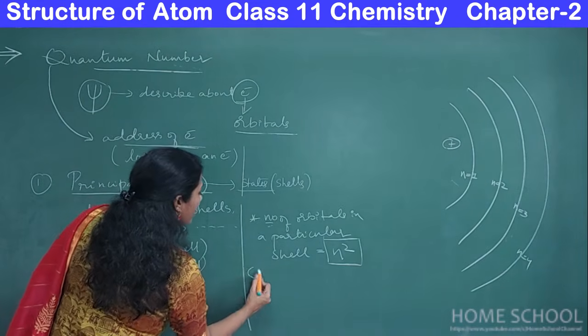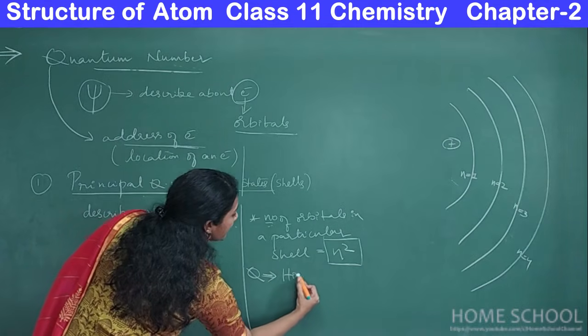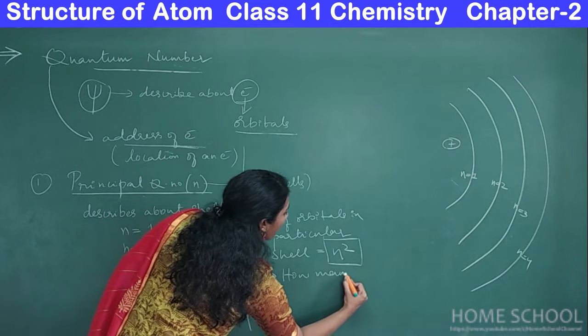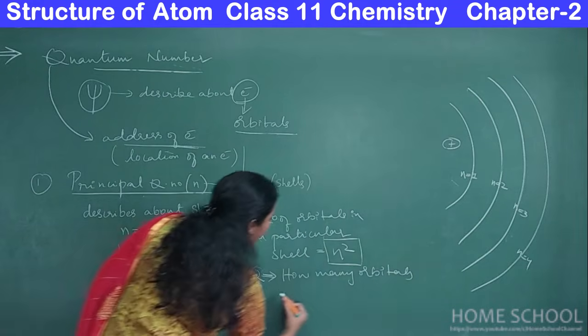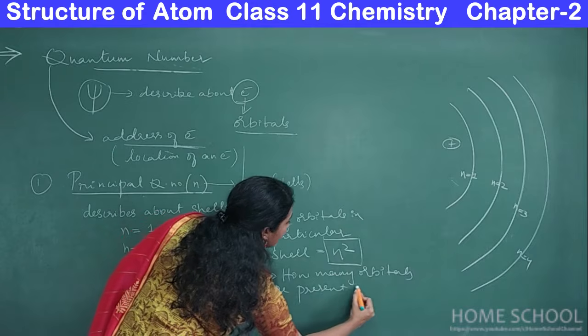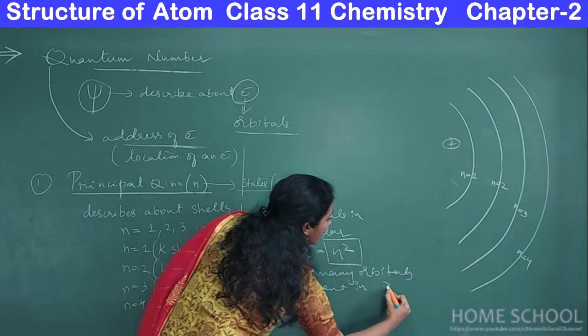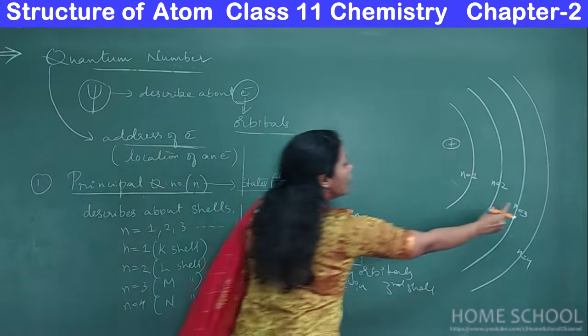You can understand with this question. If I ask you how many orbitals are present in the third shell, that is n is equal to 3.